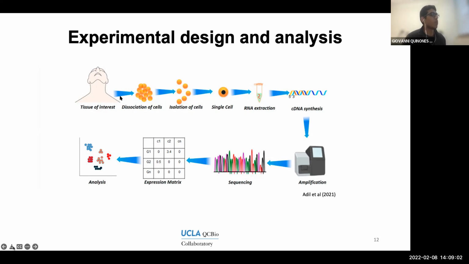Once we have our starting tissue material, the next step is the dissociation of cells. This step is needed because in the tissue, cells are very interconnected.